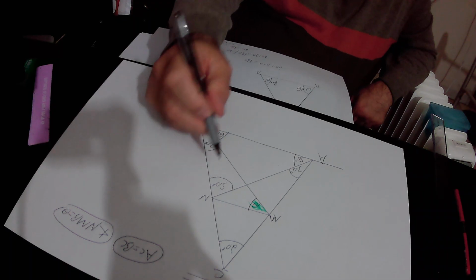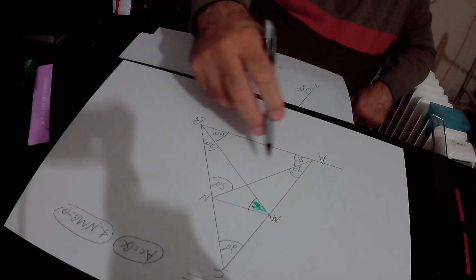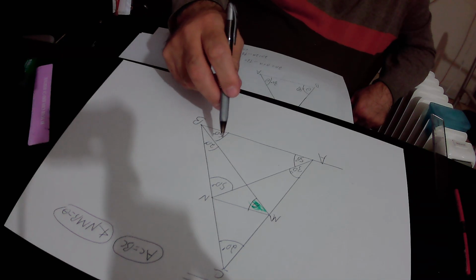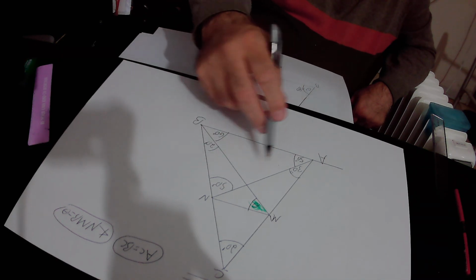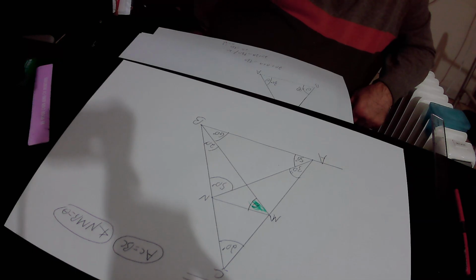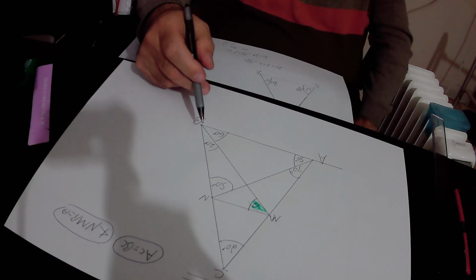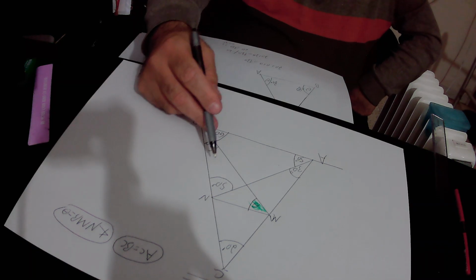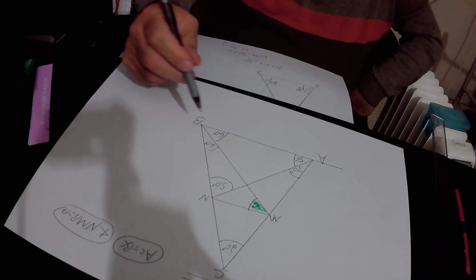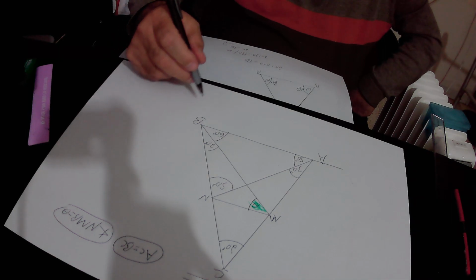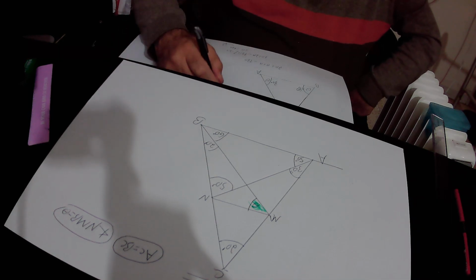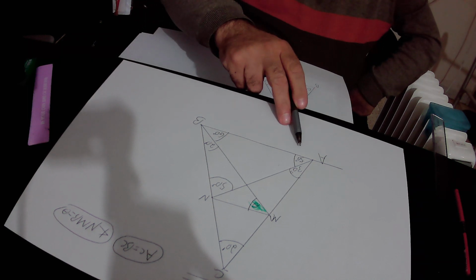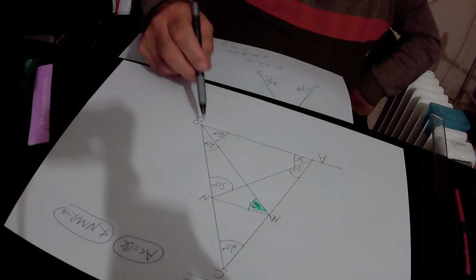So triangle NAB is actually an isosceles triangle, because we have those two angles that are both equal to 50 degrees. And we have the rule that in front of equal angles in the triangle, there are equal sides. So in front of this angle we have AB, and in front of this angle we have side NB.